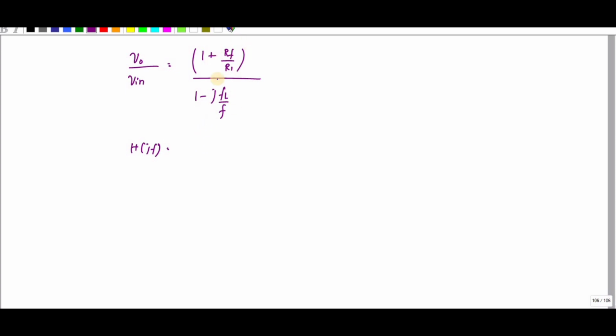Here I can take the term 1 plus RF by R1 as A, so it is A divided by 1 minus J FL by F. If I take the modulus, I will get A divided by root of 1 plus FL by F the whole square.